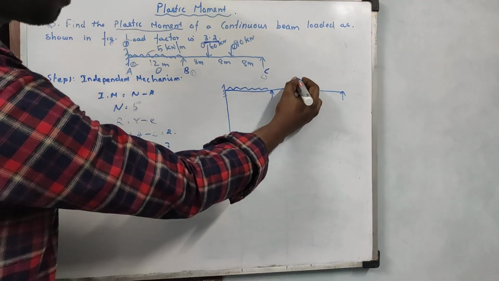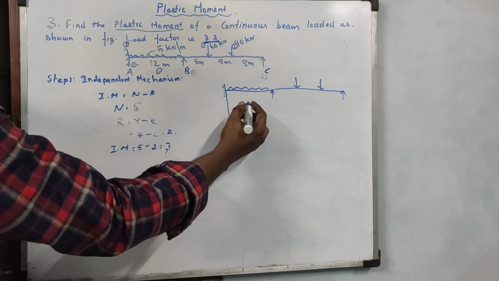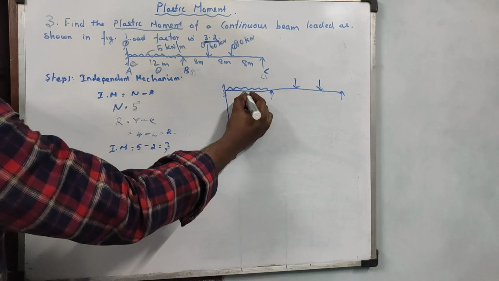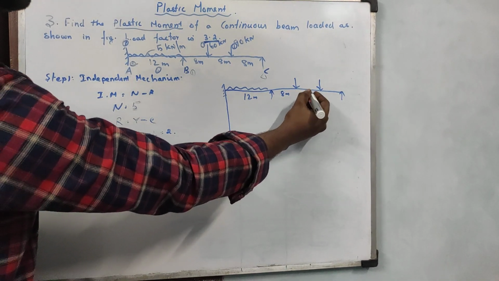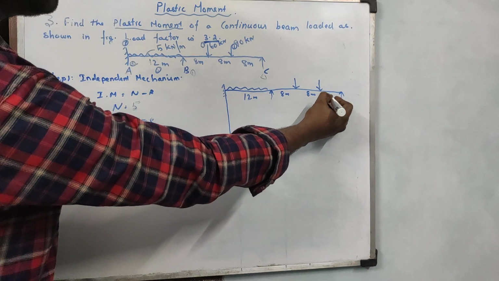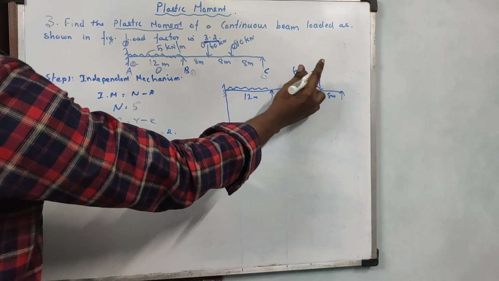This UDL, there is a point load here, and this distance is 12 meter. It is 8 meter. It is 8 meter. Here the load is 60 kilonewton.